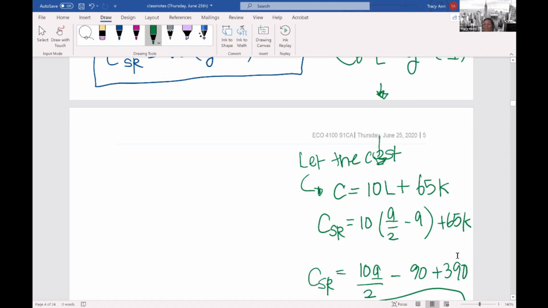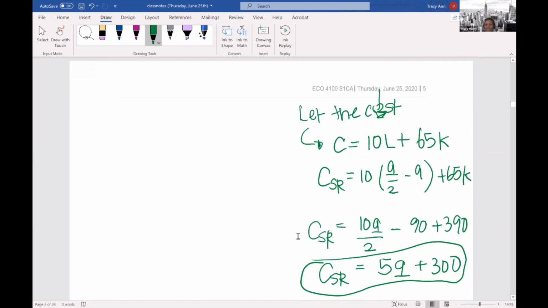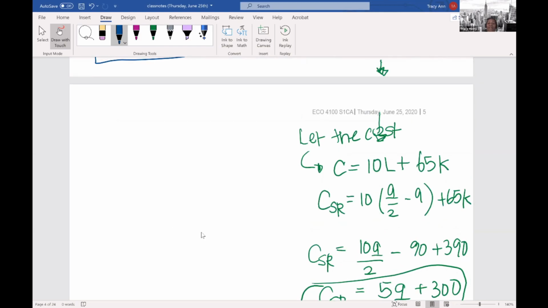And I remember that my K is 6, it is fixed, and 6 times 65 on a good day is 390, and 10 times Q over 2, and 10 times 9, which is minus 90. And so I get my cost function. So with my cost function in terms of quantity, I can now find marginal costs and average variable cost.